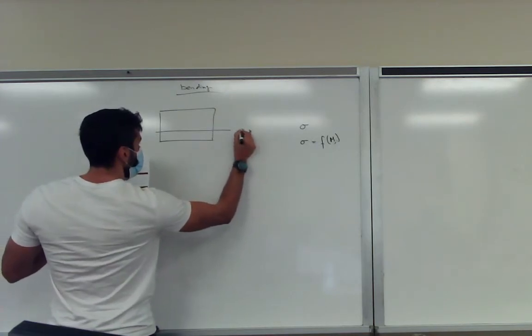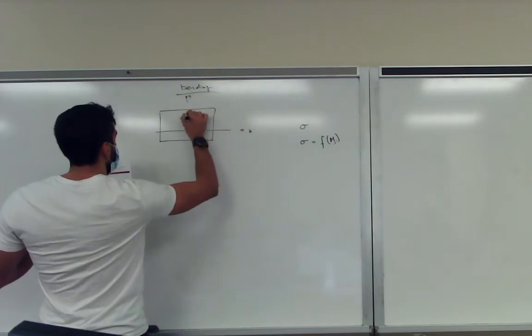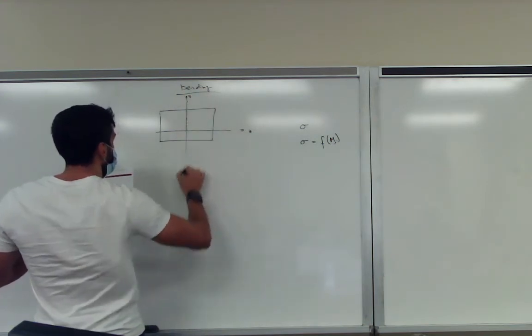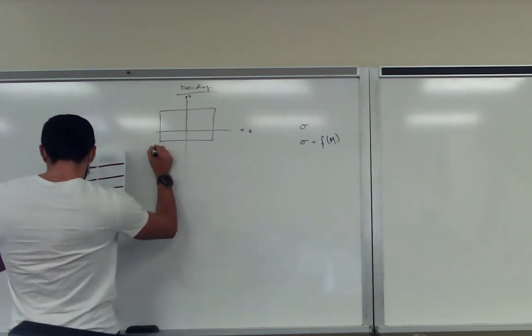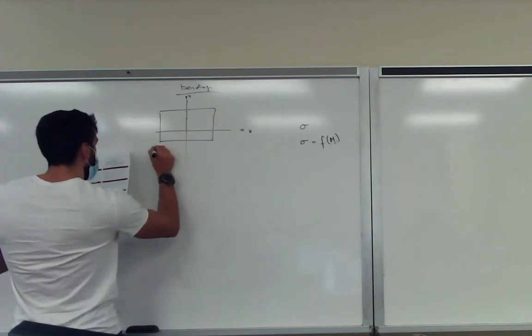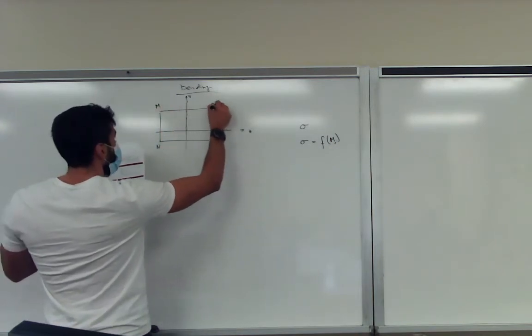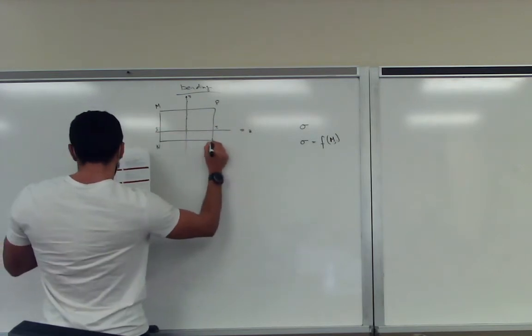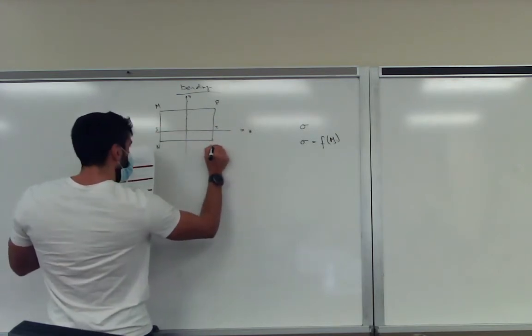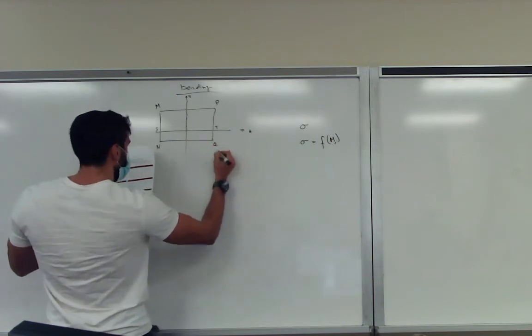This is the z-axis. This is your y-axis. Then we have point N, point M, P, T, S, and Q.